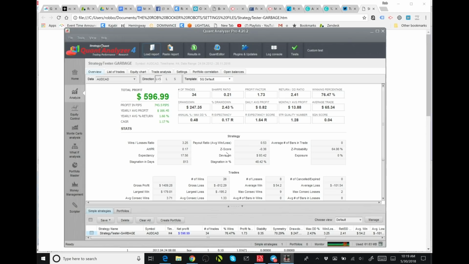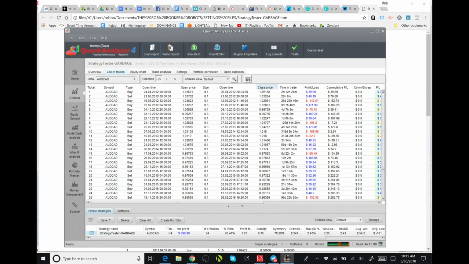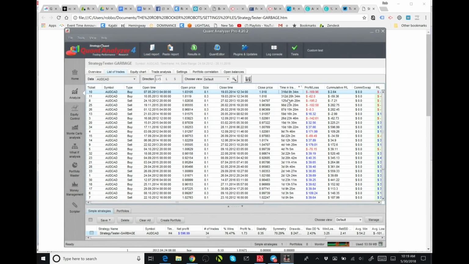So, we made a profit of $596, but we had a drawdown of like, well, it was garbage. I'll show you the list of trades in a minute. Maximum time in trade. I was in one set of trades for 316 days.